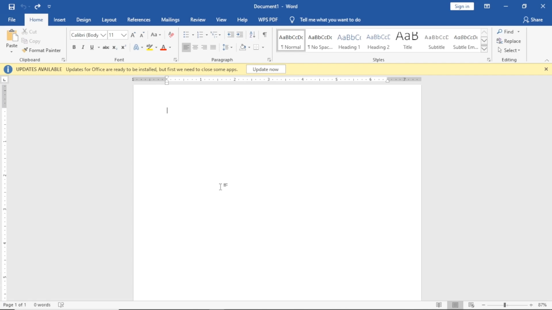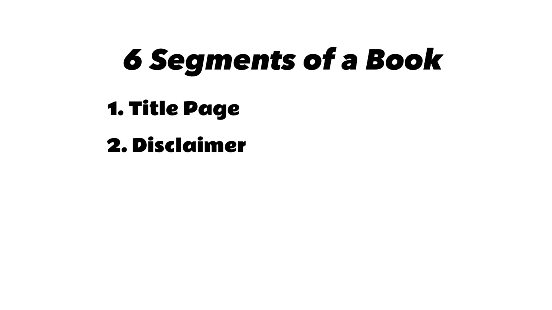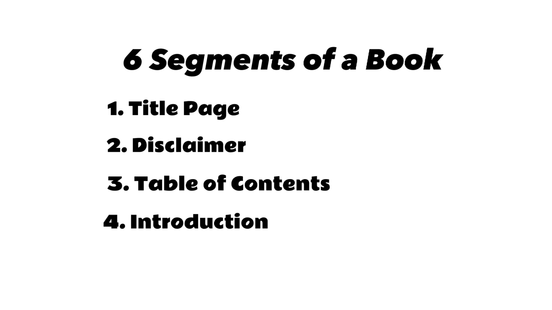Now, there are 6 segments you need to have to make your book complete. The first is the title. The second is the disclaimer. The third is the table of contents. The fourth is the introduction. The fifth is the chapter. And by the way, an average book should have about 30,000 to 40,000 words.